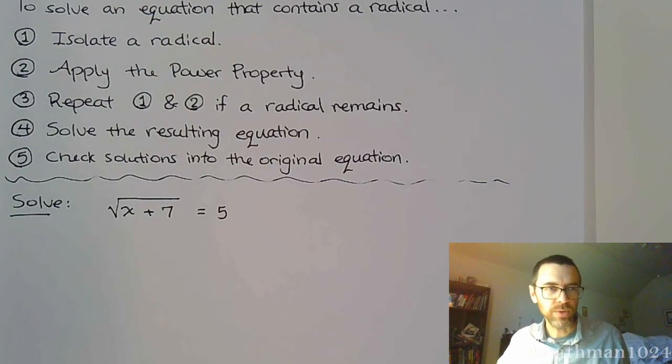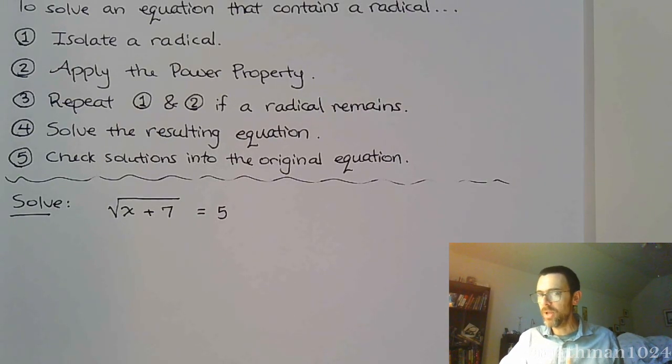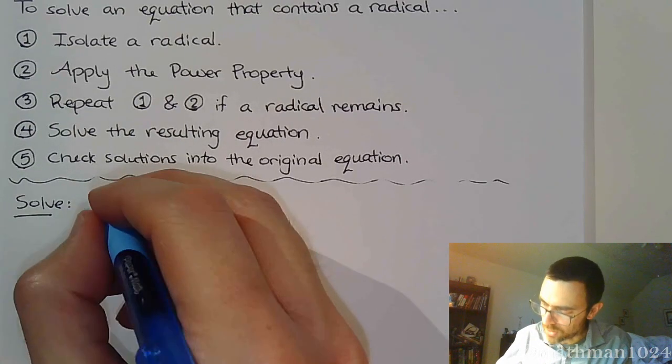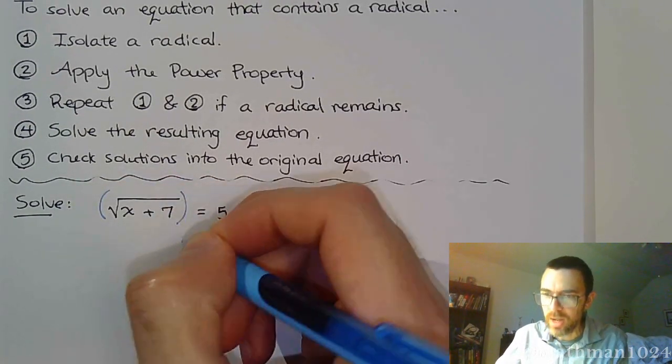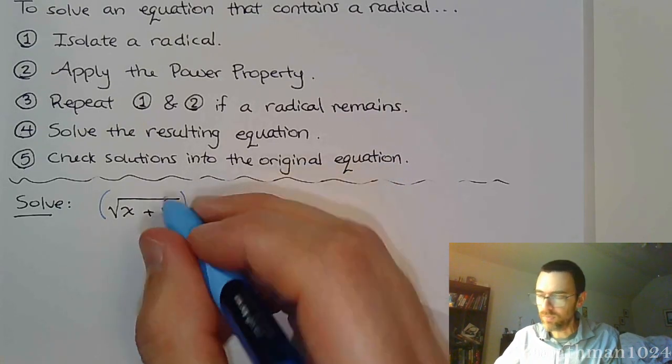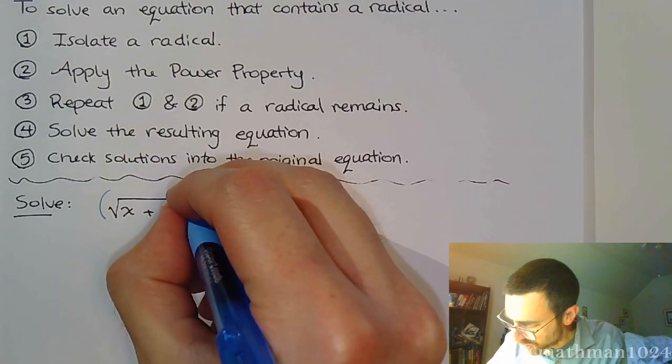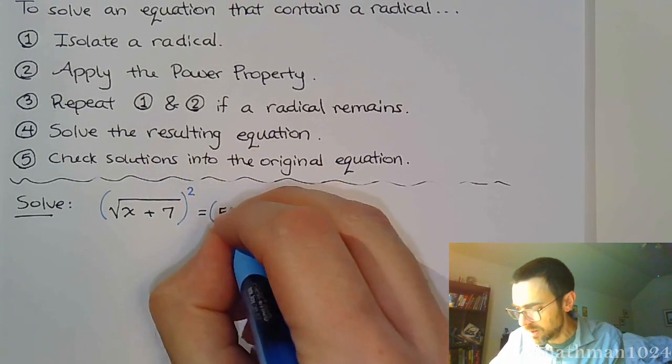If you go through the steps here, step 1 says to isolate a radical. Well, that's already done. Step 2 says to apply the power property, and what we just got done saying is that you want to make sure you raise both sides of the equation to a power that's going to match the index. So the index here is understood to be a 2 because it's a square root, so we square both sides.